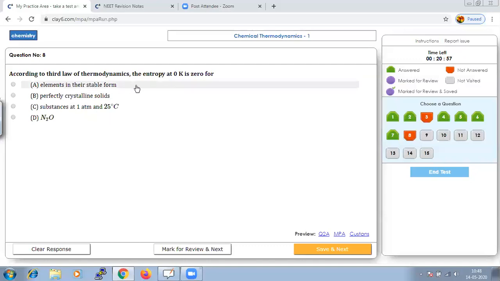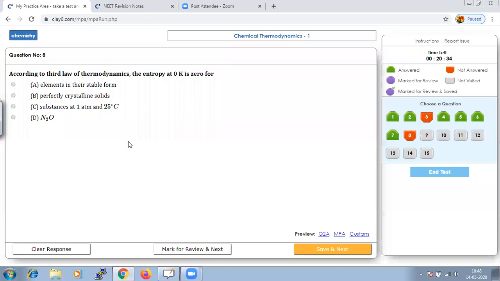According to the third law of thermodynamics, the entropy at 0 Kelvin is 0 for, as we discussed, what is the third law of thermodynamics? The entropy of a perfect crystal is 0.